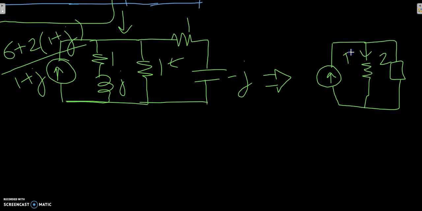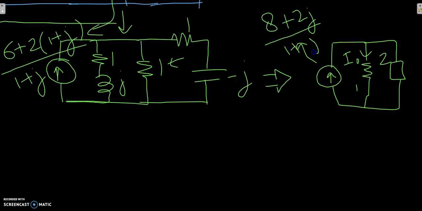Okay, so this is I naught, this is 1, and the value of the current source is this. It is basically 8 plus 2j divided by 1 plus j.